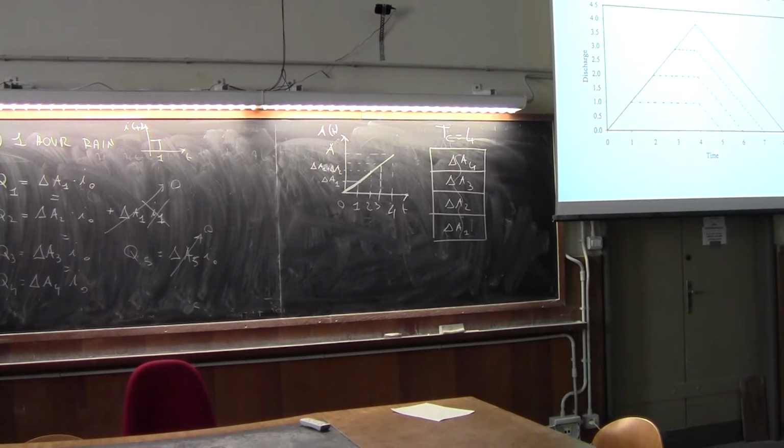And then let me write Q2. Q2 is equal to delta A2 I1 plus delta A1 I1. And what is the value of this?